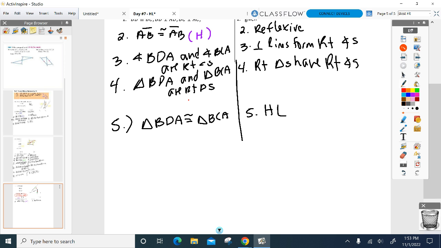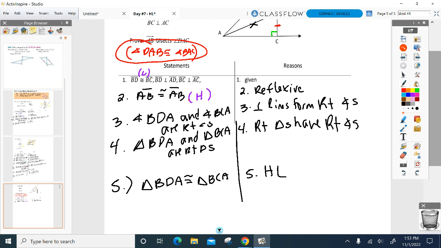Why did we want the triangles congruent? So we could say a pair of corresponding angles, DAB congruent to BAC. Let it roll off the tongue, right? CPCTC.